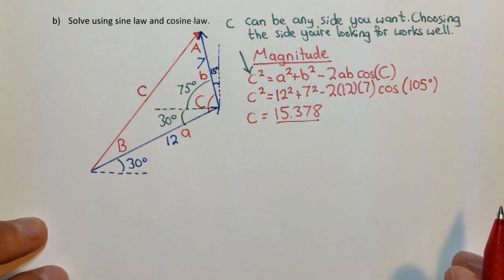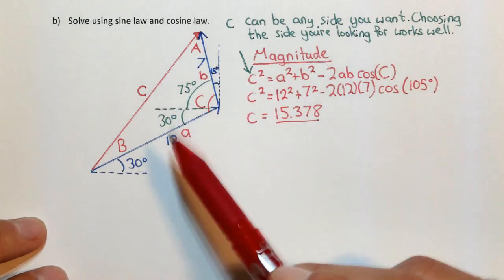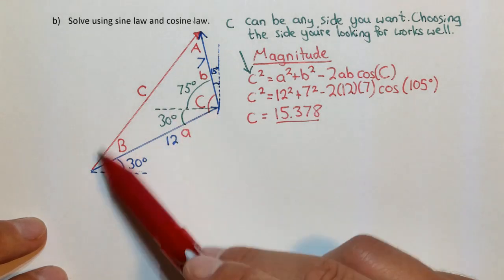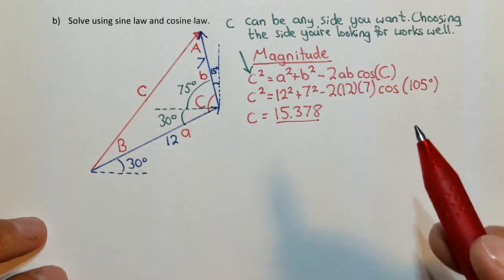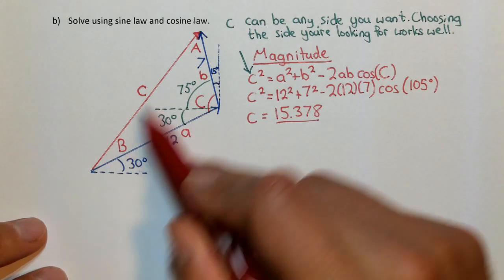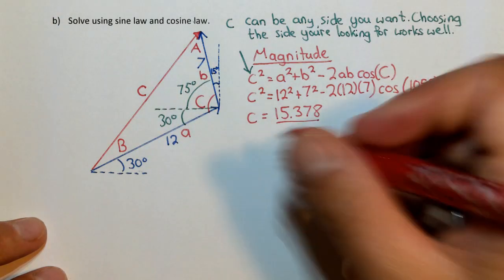Okay, so I didn't have to create any extra triangles. I've just been working with the one triangle I was given, and I found this side directly by using the cosine law. Next, let's find the direction, the way this arrow is pointing, by using the sine law.